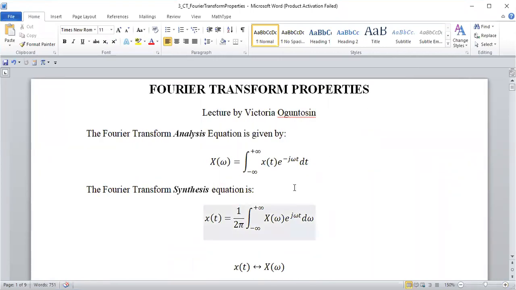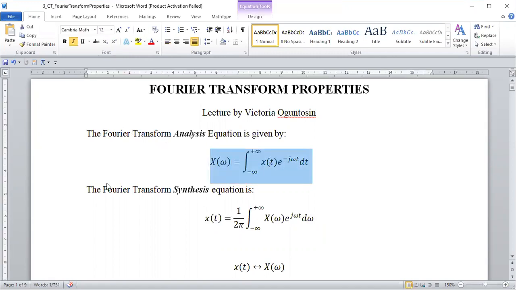In the last class, we talked about the continuous time Fourier transform. We developed the Fourier transform analysis equation as this. Then we developed the Fourier transform synthesis equation as this.